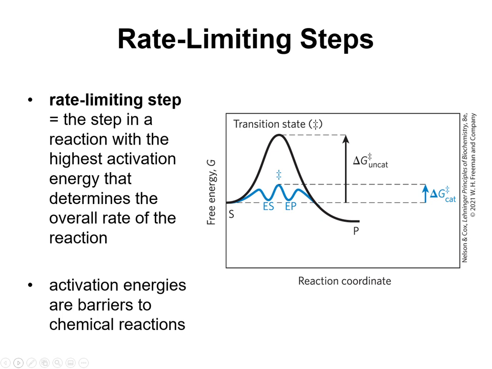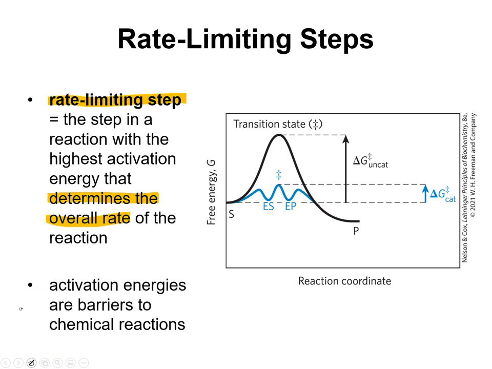The rate limiting step is the step in any reaction that has the highest activation energy. That is the step that determines the overall rate of the reaction. So that reaction is only as fast as its slowest step. That's definitely something you'll want to understand and wrap your mind around, what the rate limiting step means, and that it determines the overall rate of the reaction.